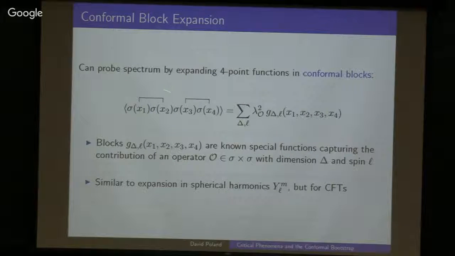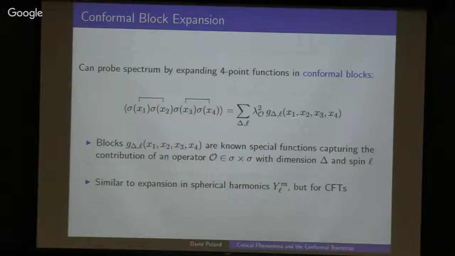And in fact, this is an object which gives you a very nice way to probe the spectrum of your theory, the set of scaling dimensions of operators that we're interested in learning about. Because it can be expanded in a sum over contributions from each operator in the theory, O. And each operator O contributes some function of the coordinates, which is called a conformal block.